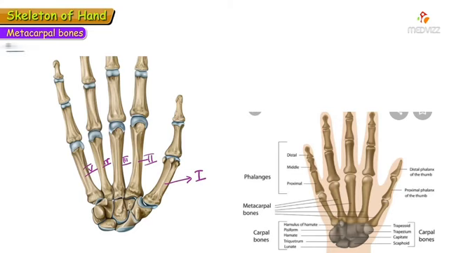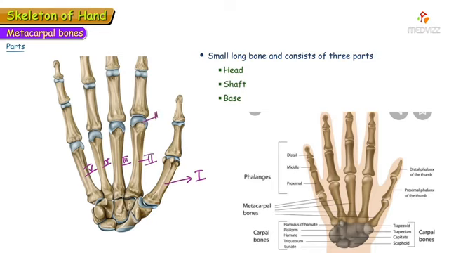Each metacarpal is a small long bone which consists of 3 parts: head, shaft and base. So the upper end is the head, the middle is the shaft and the proximal part is the base. So these are the 3 parts of metacarpal bones.